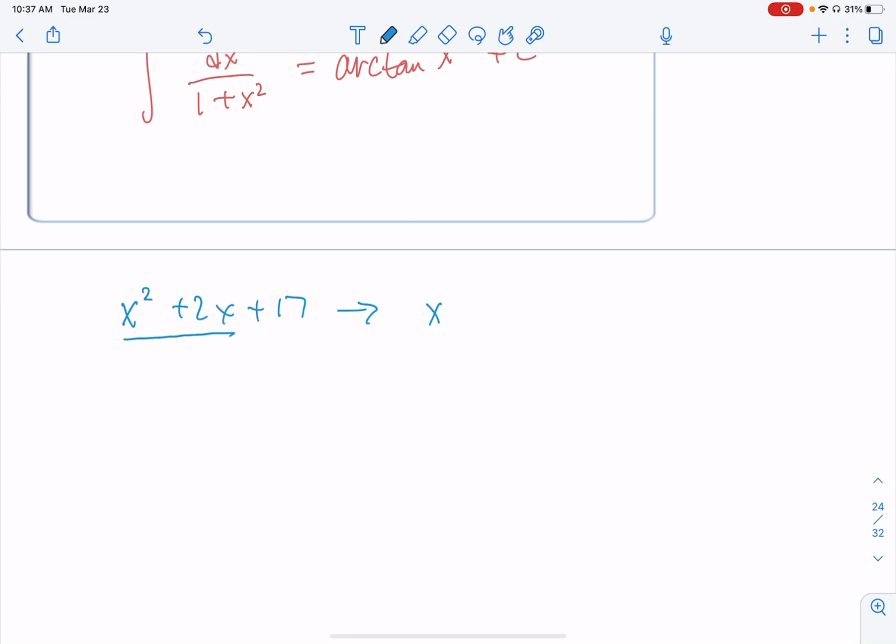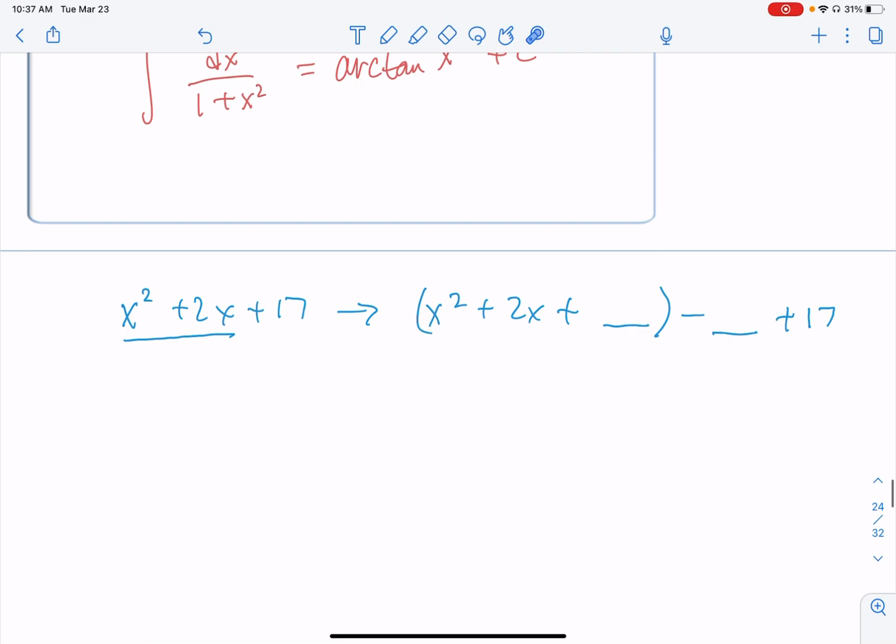So this is going to be an x squared plus 2x. Group these things up. Plus a blank, minus a blank, and then here's our final plus 17. And then here's our fancy 0 to keep this thing balanced out. Completing the square, we take half of that middle term, which is going to be a 1.